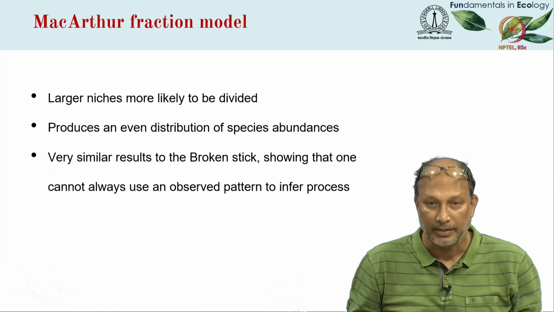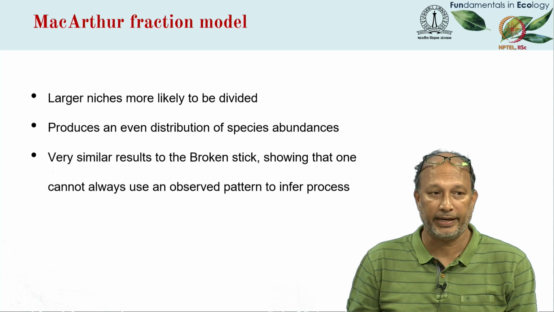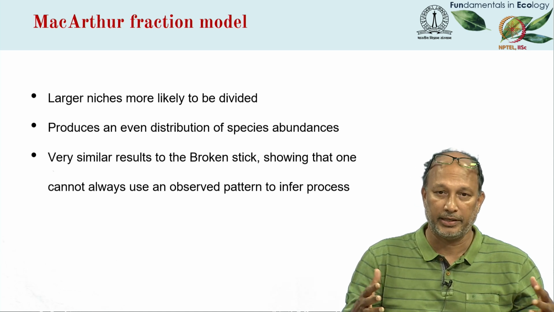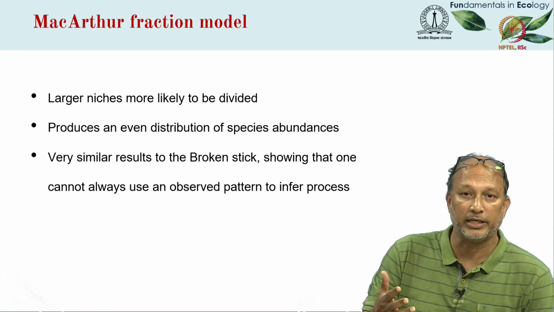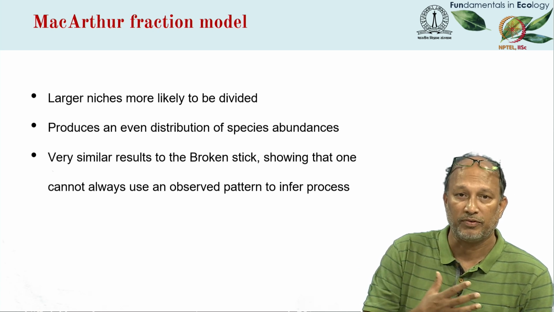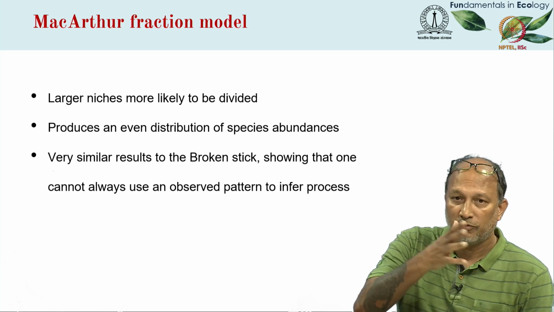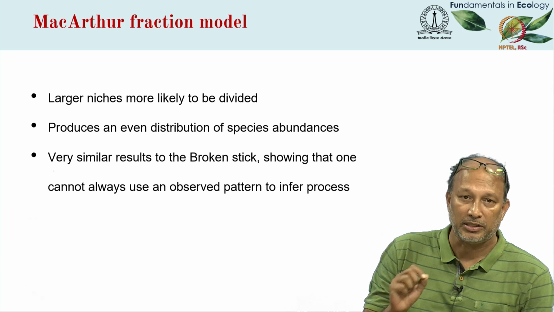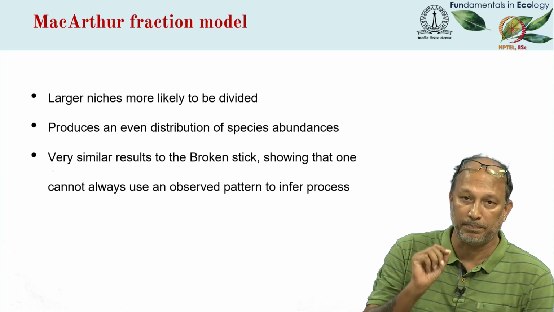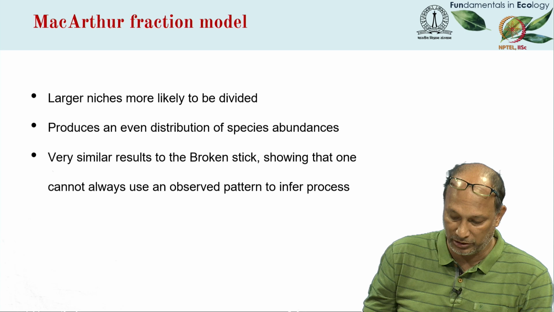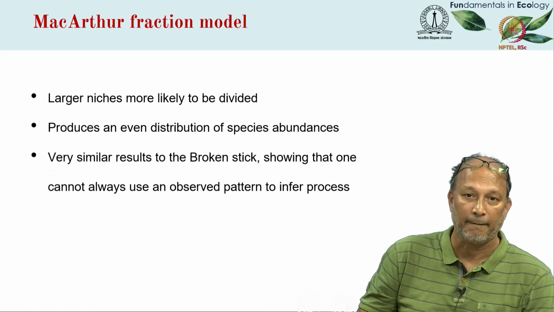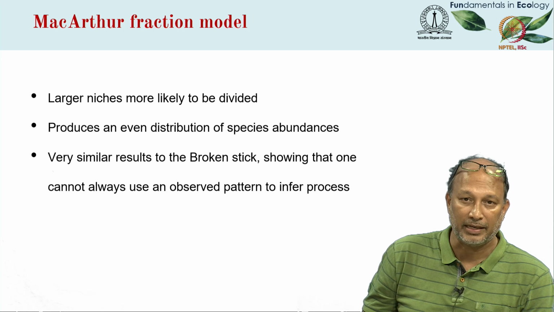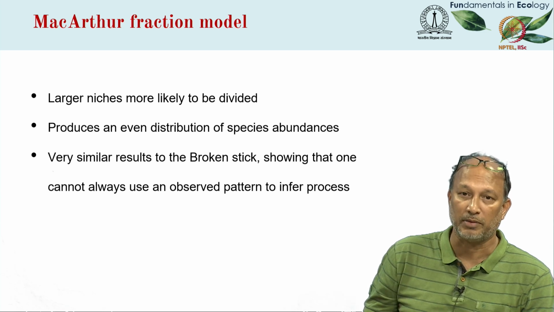We cannot put an elephant in a petri dish, and so we're often using the approach of inferring process from a series of patterns that we observe. But some patterns can also be produced by multiple different processes, and therefore one must be cautious when inferring mechanisms or ecological processes from observed patterns.